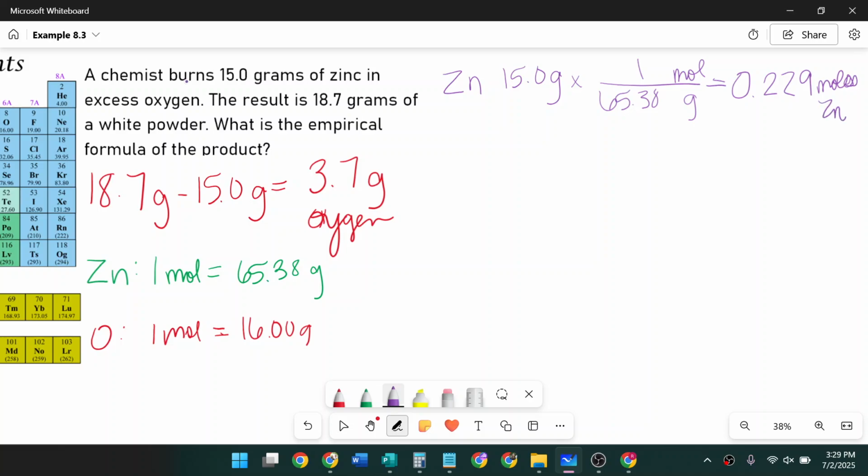All right, and then for oxygen, we had 3.7 grams. And when we convert that, for every 1 mole, we have 16.00 grams, and the grams cancel.